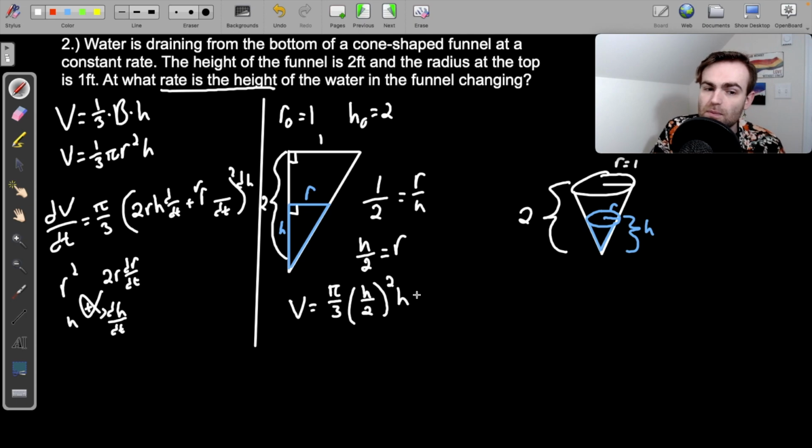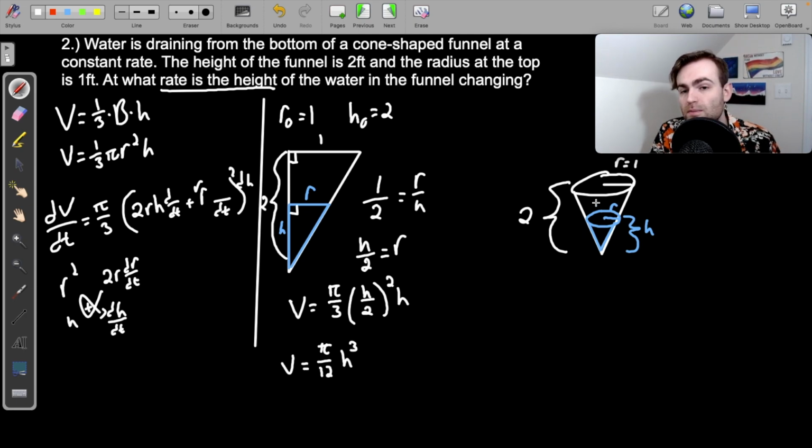We can clean that up a little bit. We can square a fraction by squaring the numerator and denominator separately. So that would give us h squared over 4, and then we can multiply everything straight across. So that would give us pi over 12 h cubed is equal to the volume.